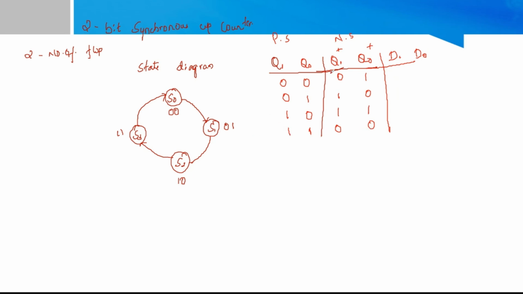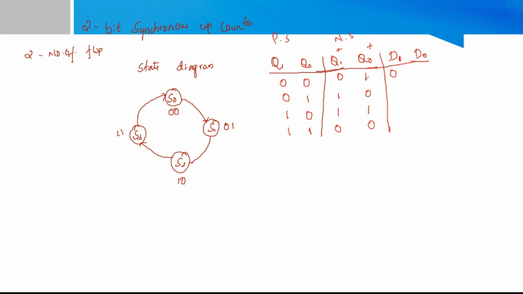So here you have the Q1, Q1 plus. With respect to that, you need to get D1. With respect to Q0 and Q0 plus, you need to get D0. If present state is 0 and next state is 0, what might be the input of D1? 0.